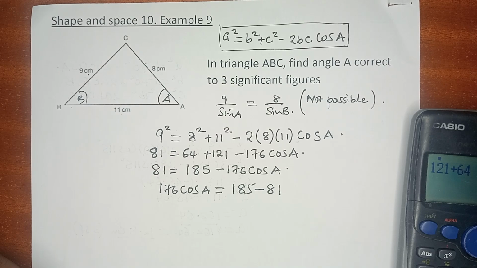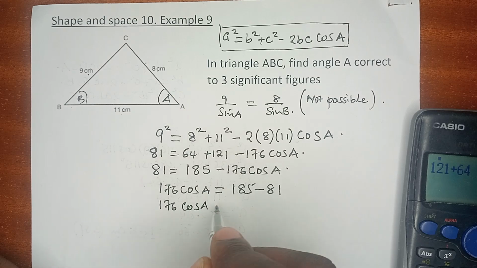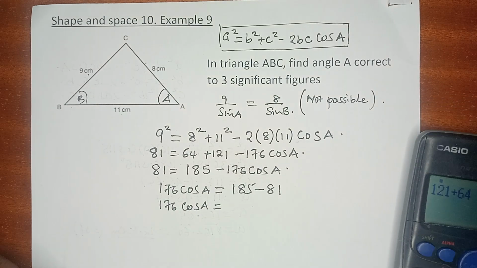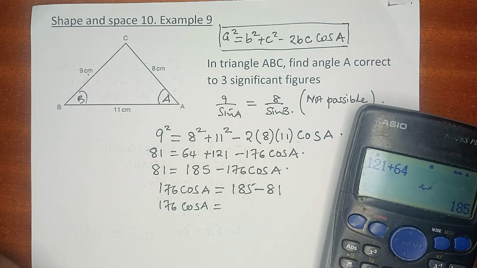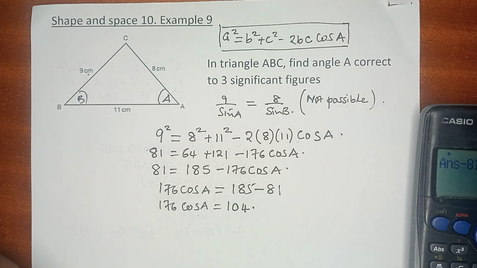So 176 cosine of A is 185 minus 81, which is easily 104.